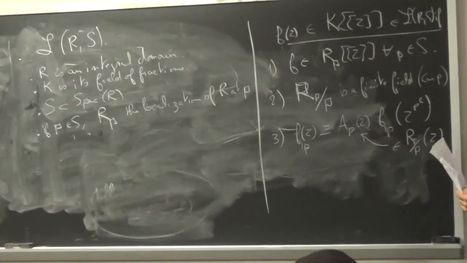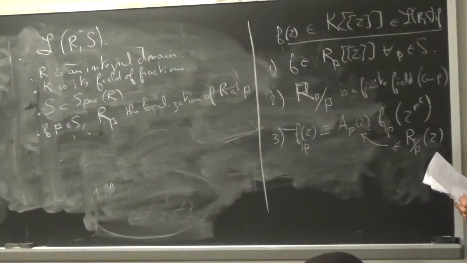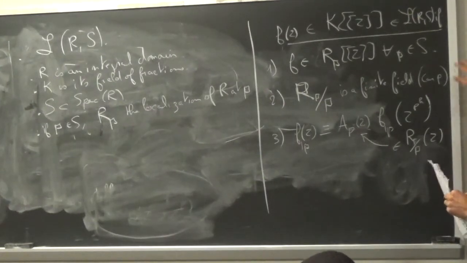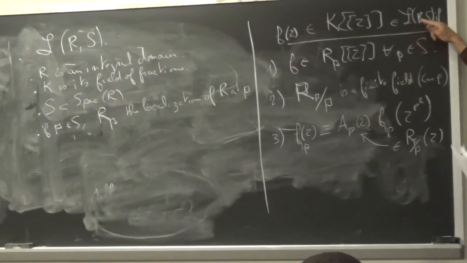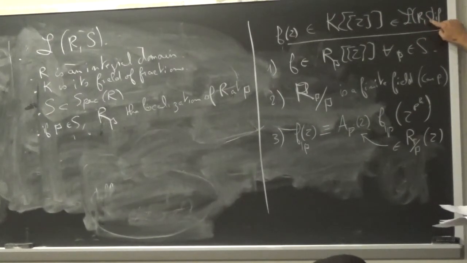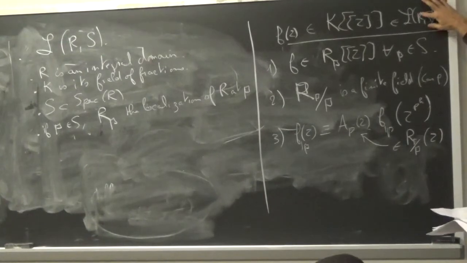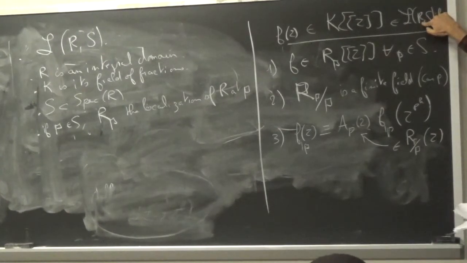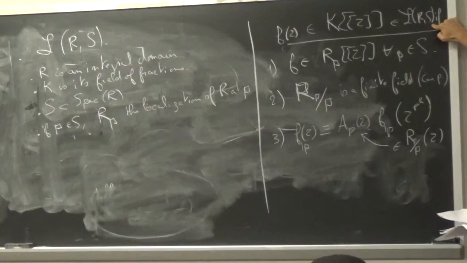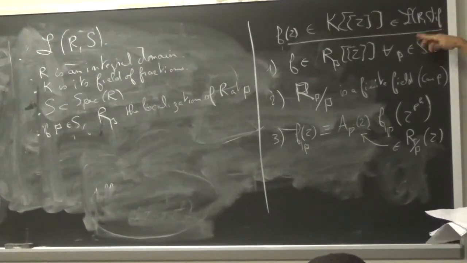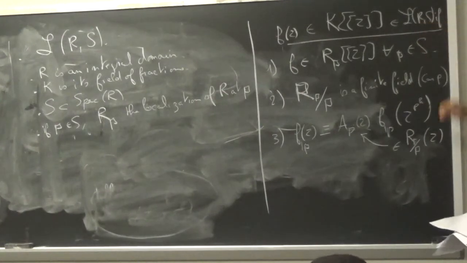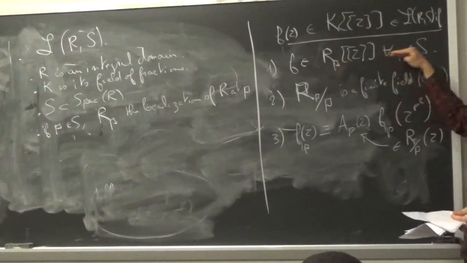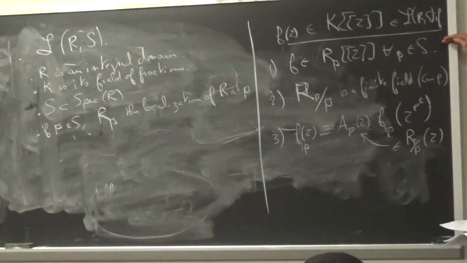A question: the second condition does not depend on f, right? No, but we assume that, to define this set of power series, they are defined by giving a ring, an integral domain, and a set of prime ideals. Then the members of this set are the power series that can be reduced modulo these ideals.